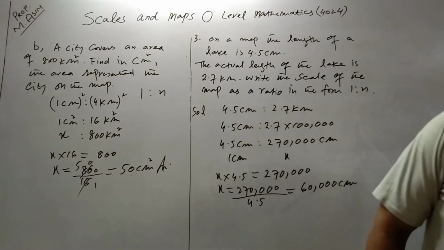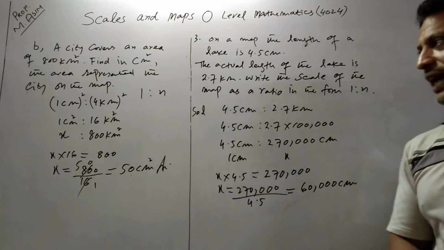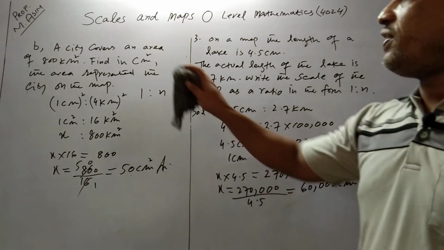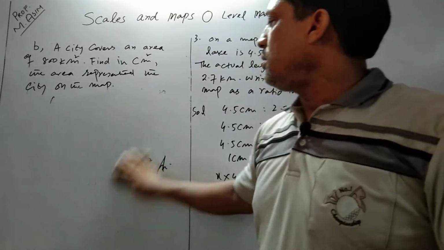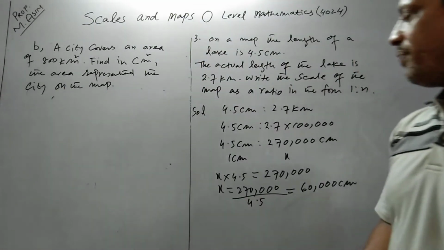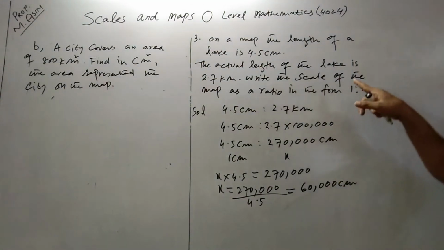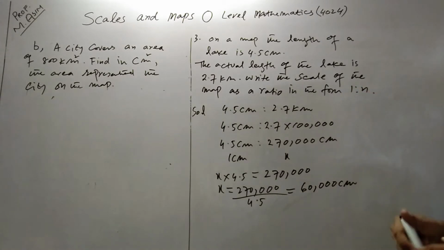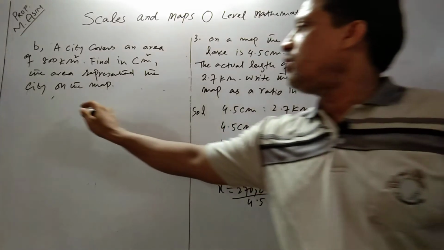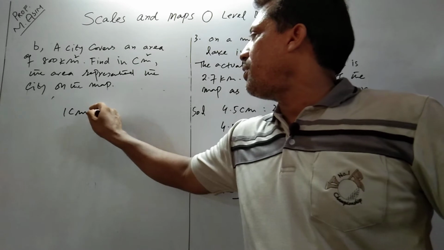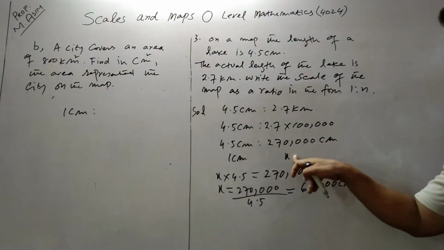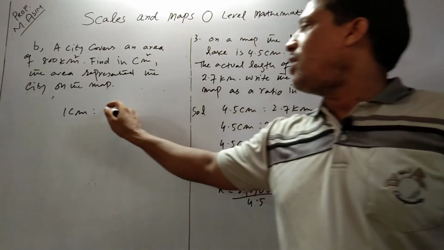This is a paper 2 question, so you can use a calculator. So our answer: what is the requirement? The requirement is to convert the scale into 1:n. So 1 centimeter represents x. What is the value of x? 60,000 centimeter.